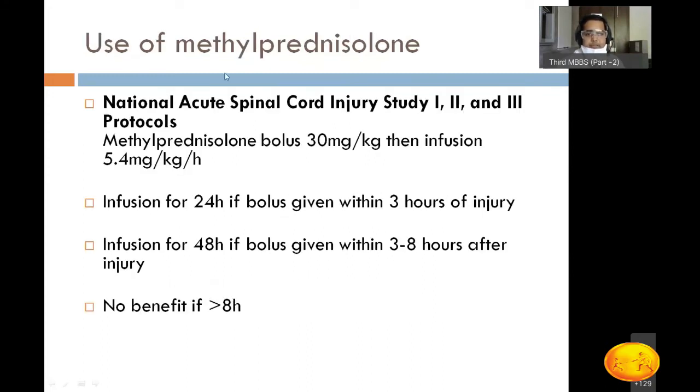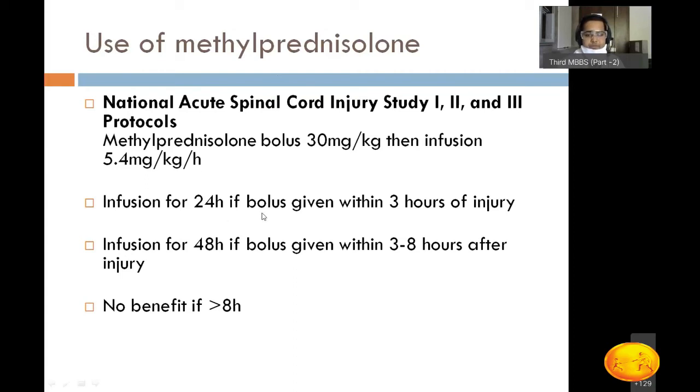The next thing is the medical line of management, use of methylprednisolone. A methylprednisolone bolus dose of 30 mg per kg is given over 3 hours, and then the infusion is given at the rate of 5.4 mg per kg per hour.